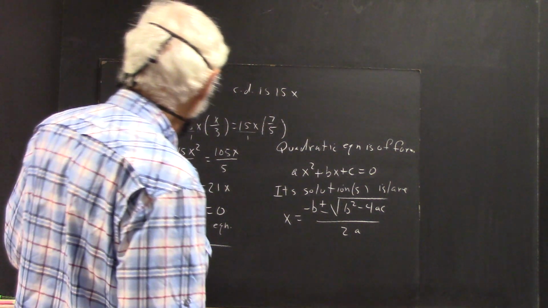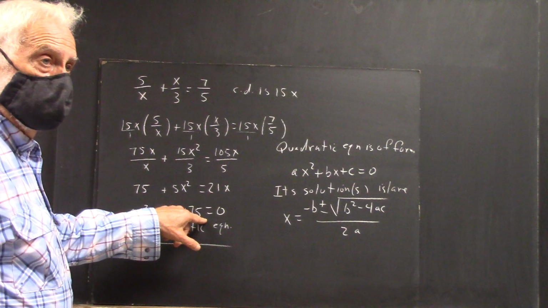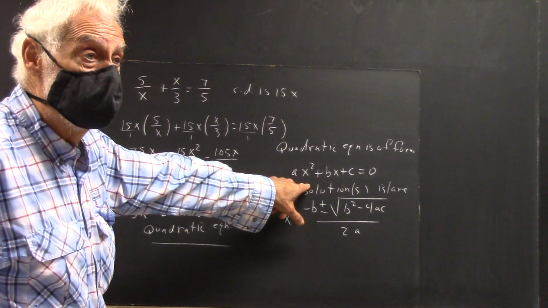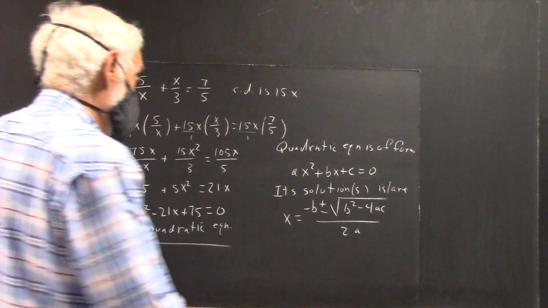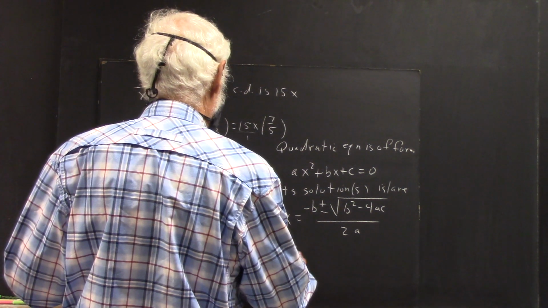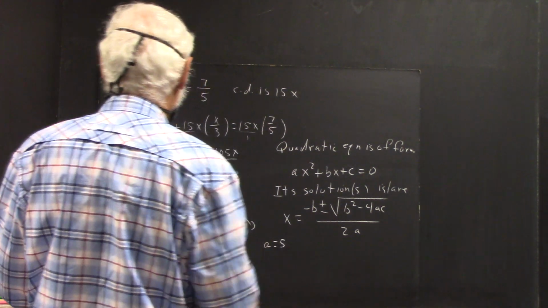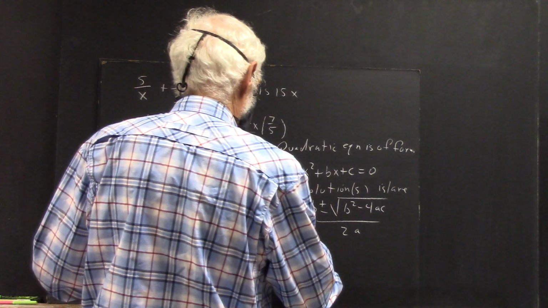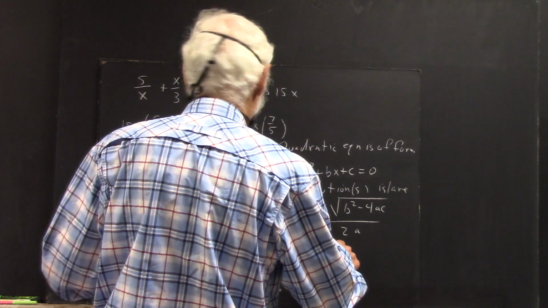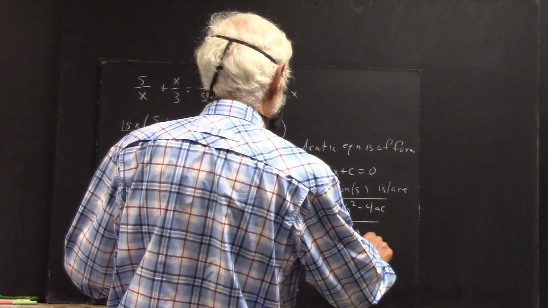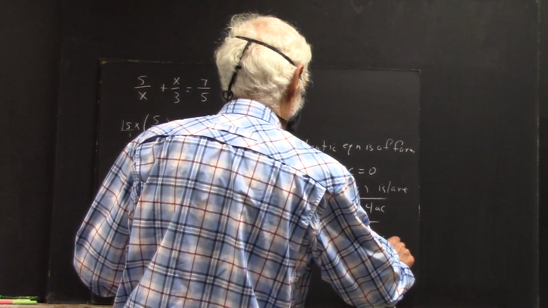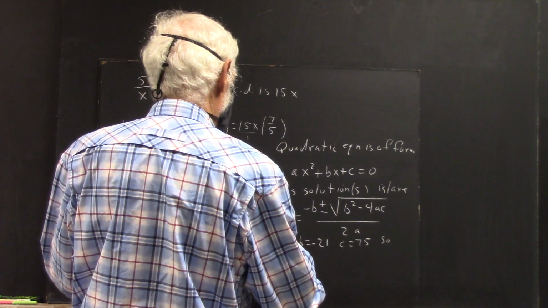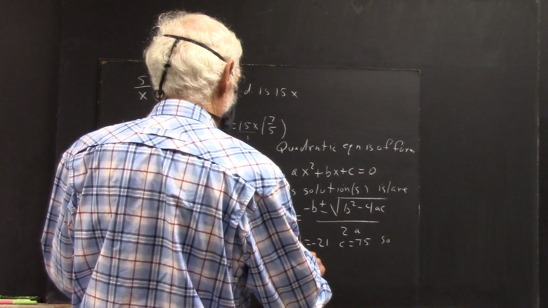Okay, well, if we look at this equation, we see a is the number in front of x squared. So for our equation, a is 5, the number in front of x is b, negative 21, and c is 75. So our solutions, x equals negative b, which is negative of negative 21.